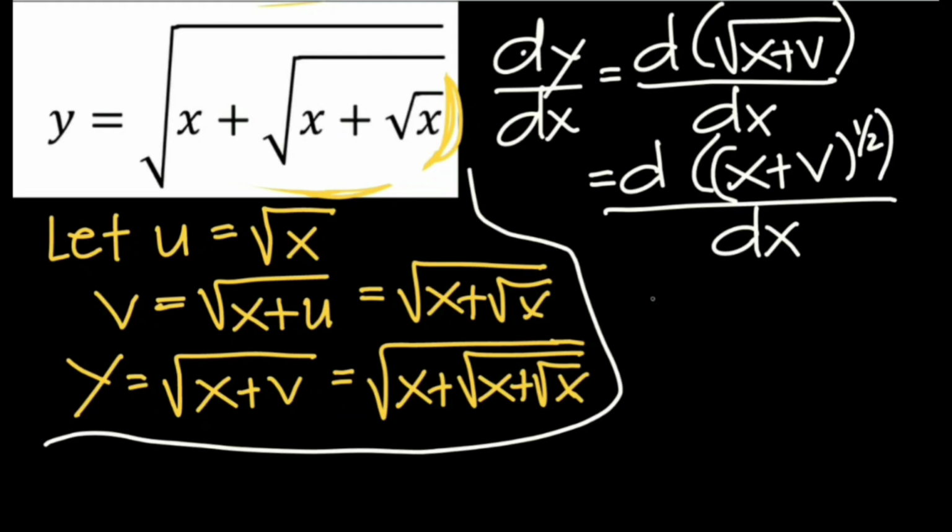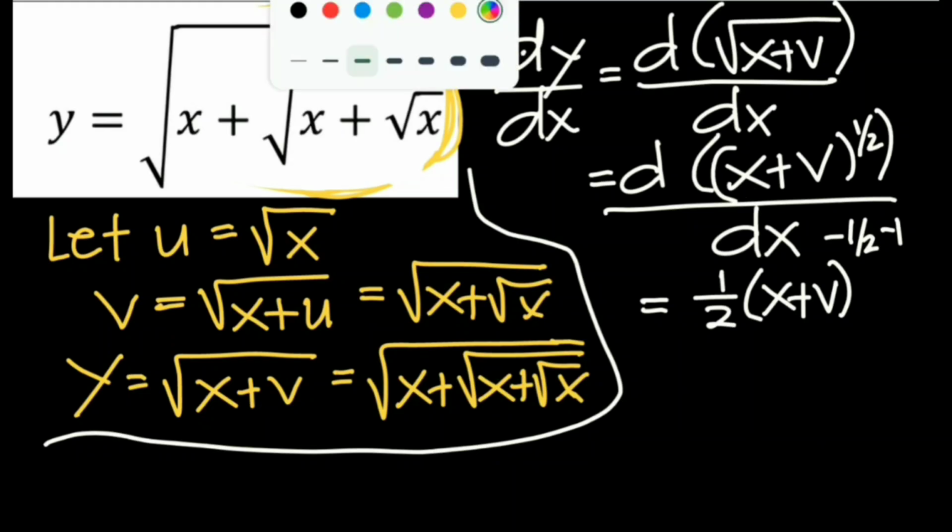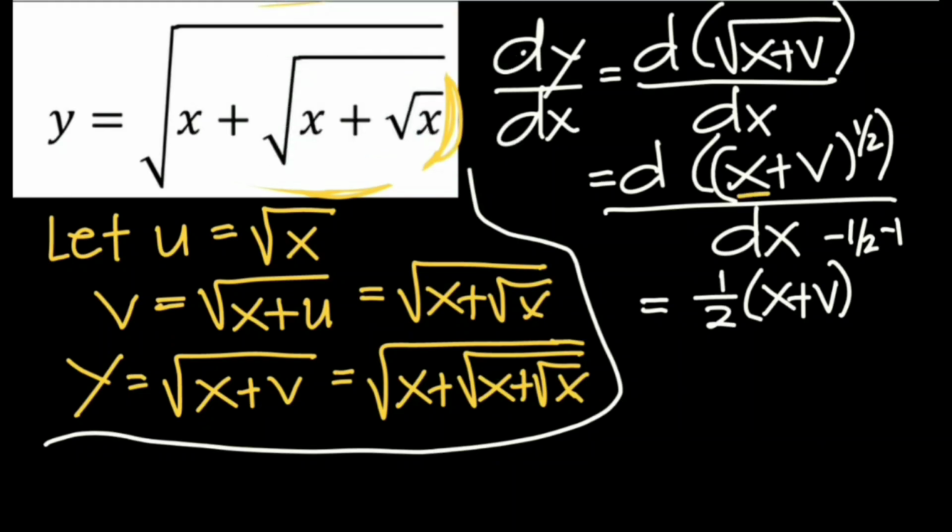So this is just equal to 1/2 times x plus v to the negative 1/2, times the derivative of the inside expression, which is x plus v. So derivative of x plus v with respect to x.